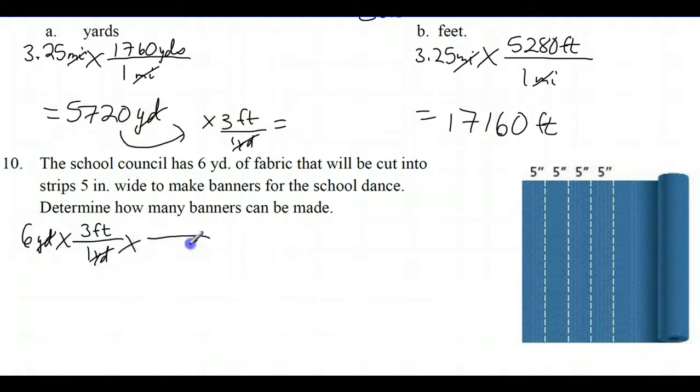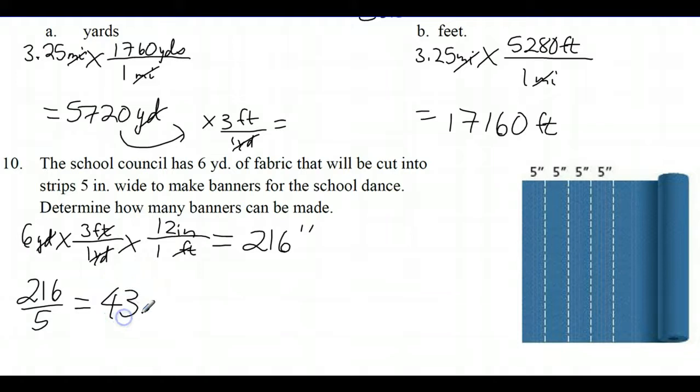And to get to inches, I need feet on the bottom because I want to cancel, and 1 foot is 12 inches, so that gives me 6 times 3 times 12, which is 216 inches, abbreviation for inches, double quote. Each banner is 5, so 216 divided by 5 is 43.2, so they can make 43 banners.